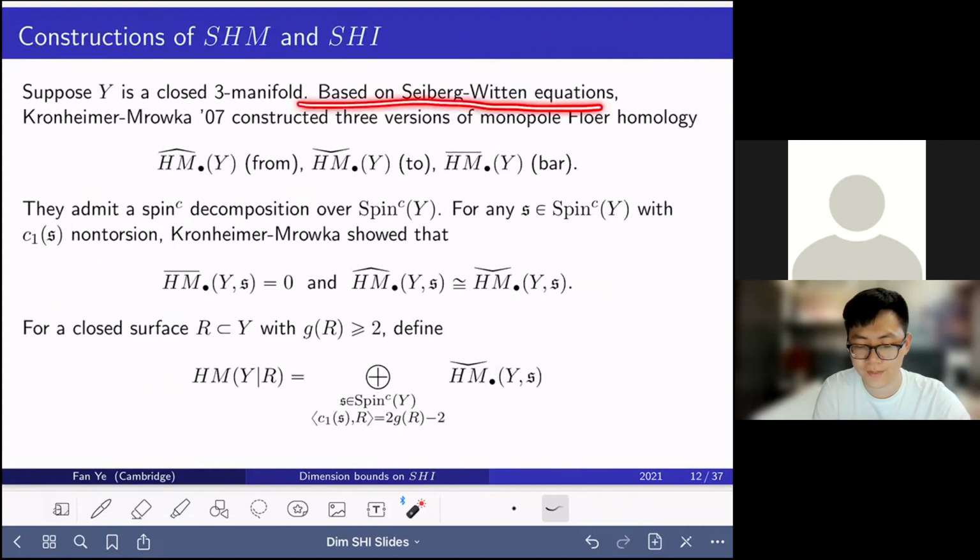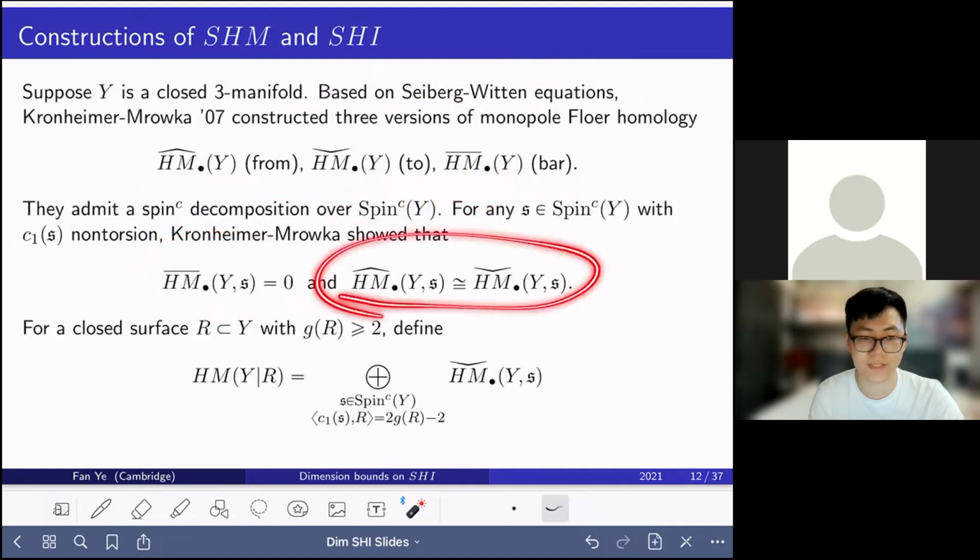Based on the Seiberg-Witten equations, Kronheimer-Mrowka construct three versions of monopole Floer homology, which are HM from, HM to, and HM bar. They also admit a spin^c decomposition over Y, so we can also consider the decomposition as an affine decomposition over H_1 of Y. For any spin^c structure with non-torsion first Chern class, Kronheimer-Mrowka showed that HM bar is 0, and those two groups are isomorphic.